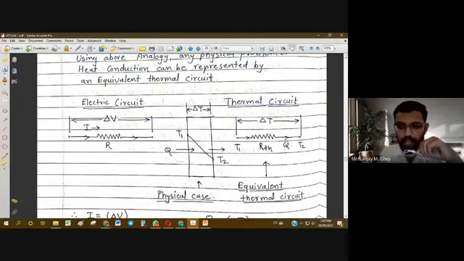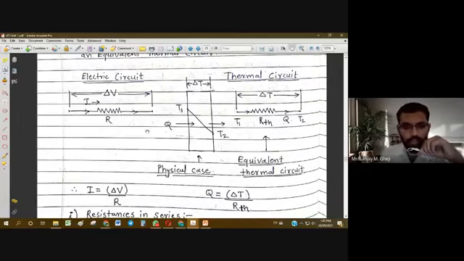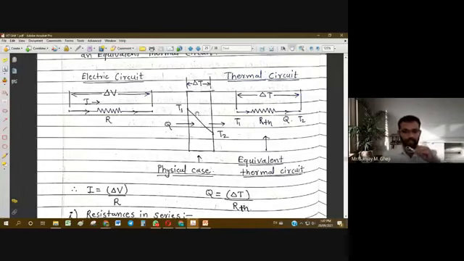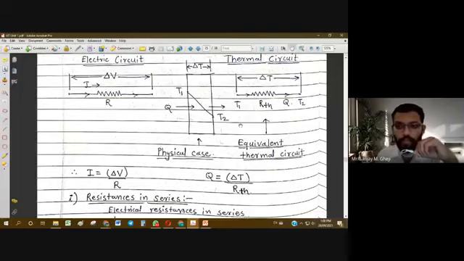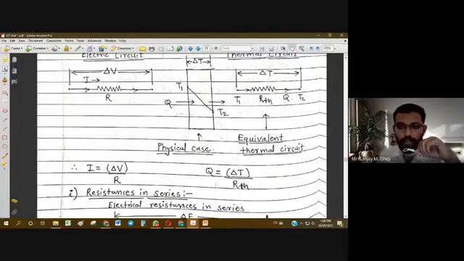The rate of heat flow is passing through this thermal resistance. In this way, any real or practical case of heat conduction can be easily converted into a thermal circuit, and then it becomes very easy to analyze.